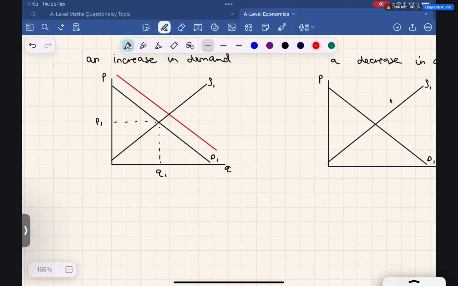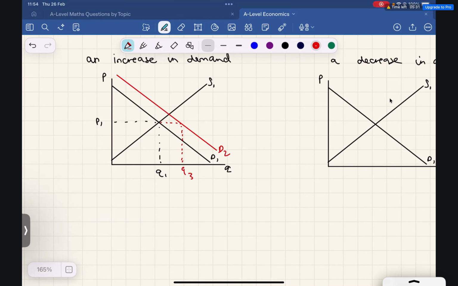So if the demand for mangoes increases from D1 to D2, the first thing that will happen is, at the same price, there will be an excess demand. I'm going to call that Q3. Okay, you'll understand why in a minute. Don't take notes right now, just pay attention and then you can fill it in afterwards.